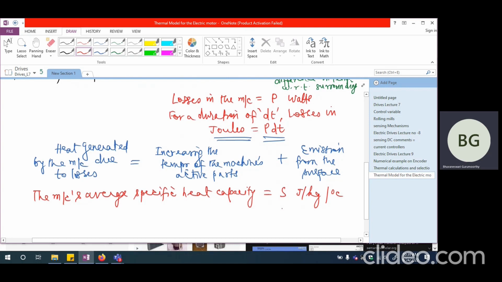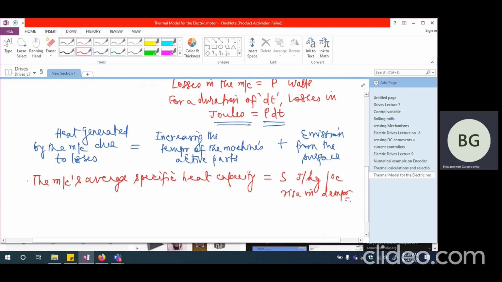So this is degree centigrade rise in temperature. Okay. So if we say this way, then we should be able to write this equation: heat generated in the form of losses is going to be equal to P times dt. So this is going to be the heat generated by the machine for a duration of dt.